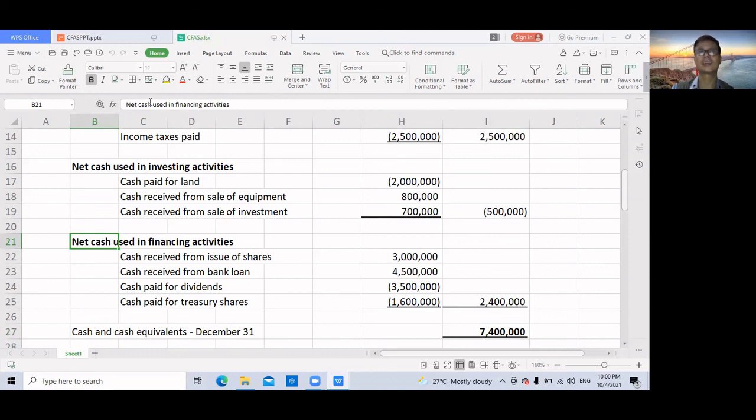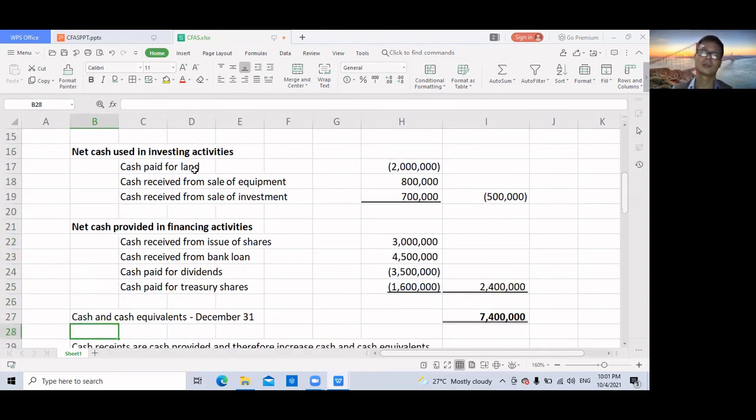By the way, this is provided, not used, because the positive is larger, so it's provided. I'm checking if you noticed.